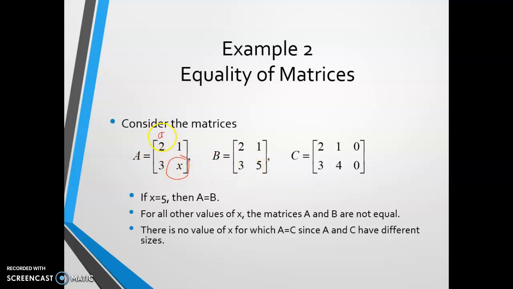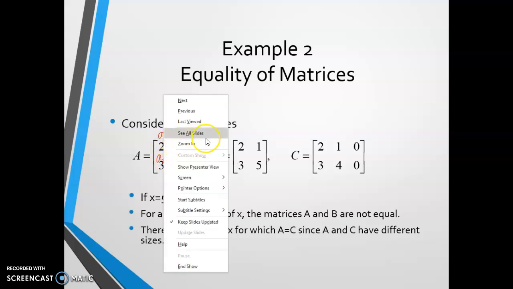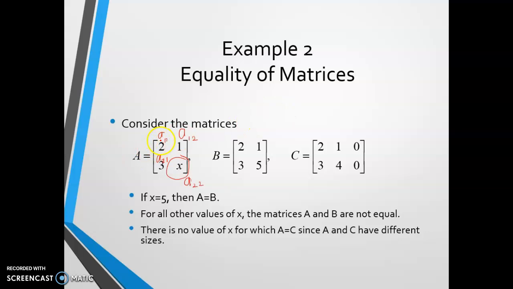Okay, so this one a11, this one a12, a21, this one a22. Row 1, column 1, row 1, column 2, and a21 because it is in row 2, column 1. So at a22 equals this one, so this is b22, sama dengan b22. So x equals 5.